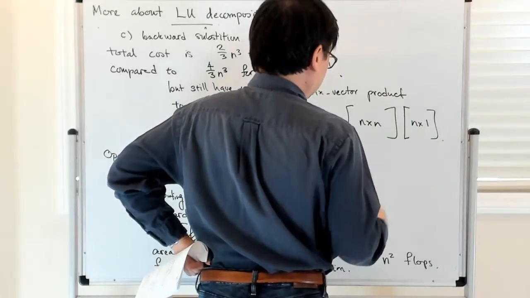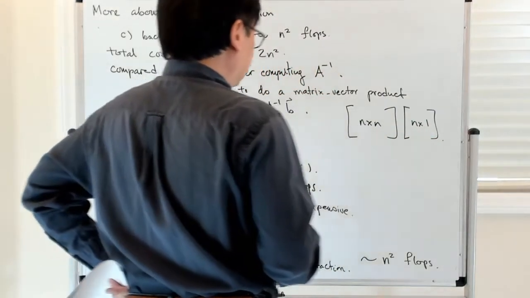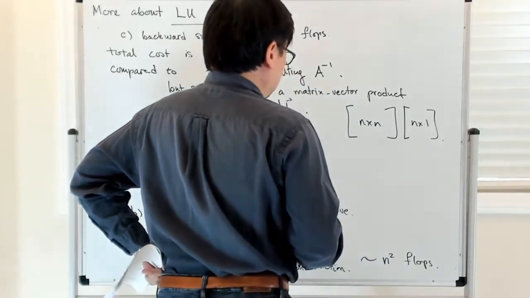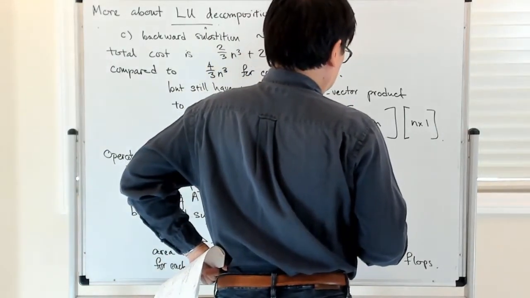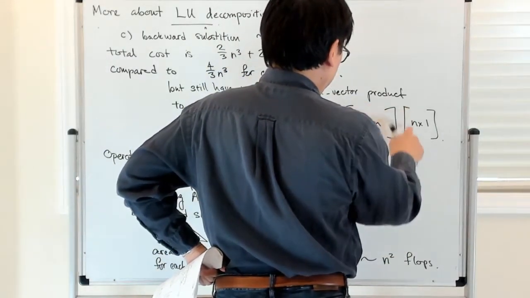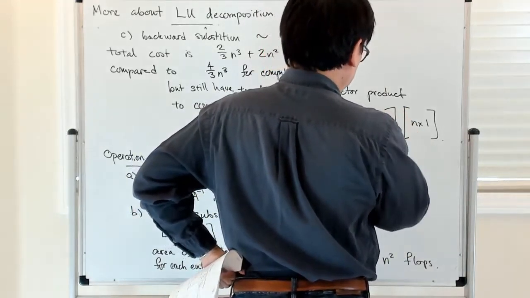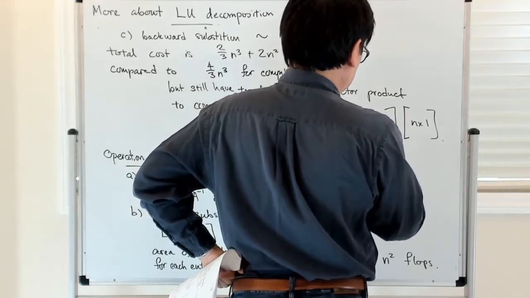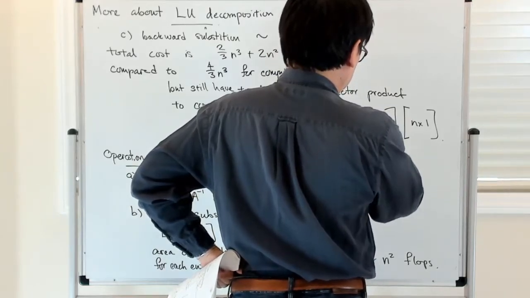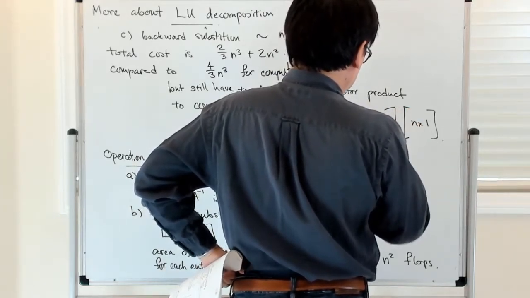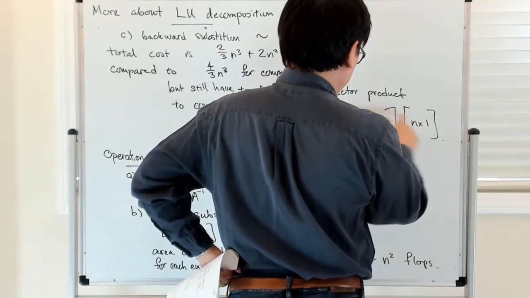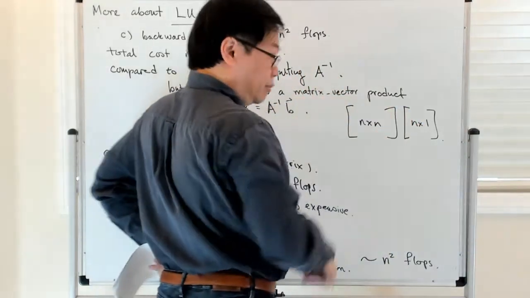You have n operations for every row times column.